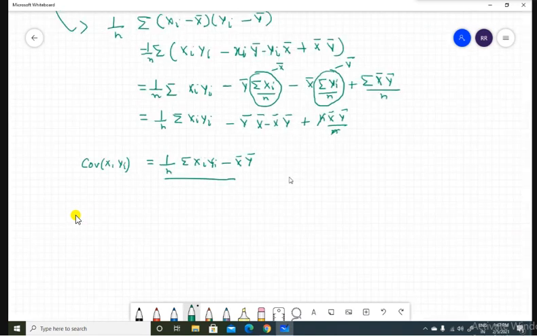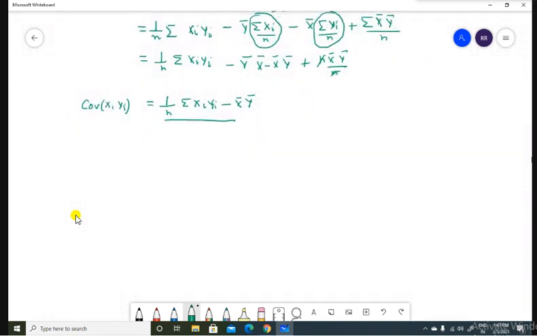Okay, now let us come to scatter diagram. If your scatter diagram is like this, with x-axis and y-axis, then r of x comma y is said to be positively correlated.